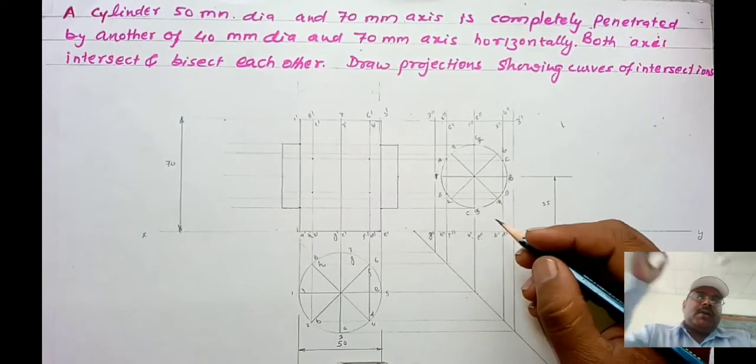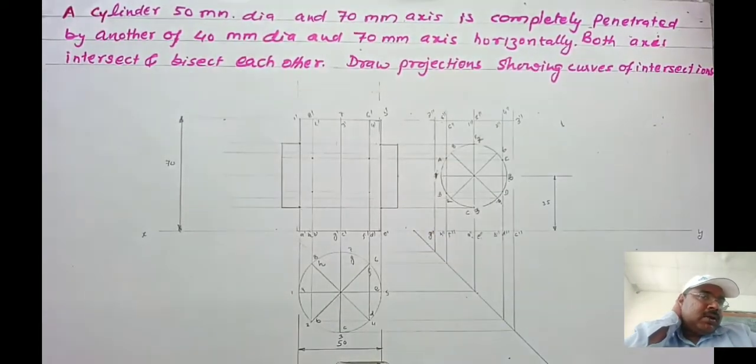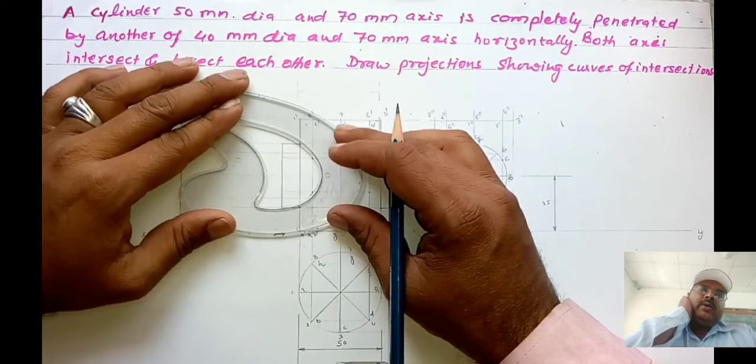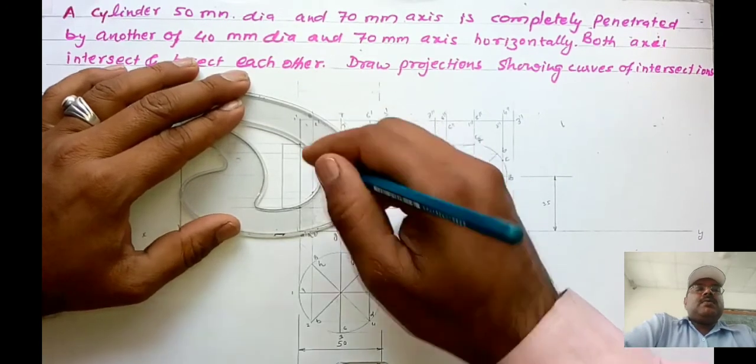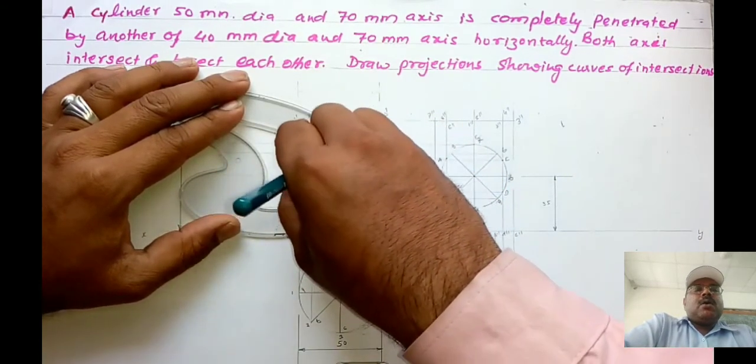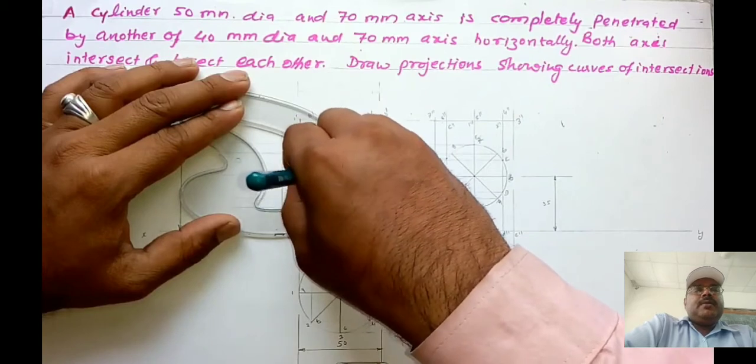So mark the points as shown in this figure, and with the help of a French curve join these points.